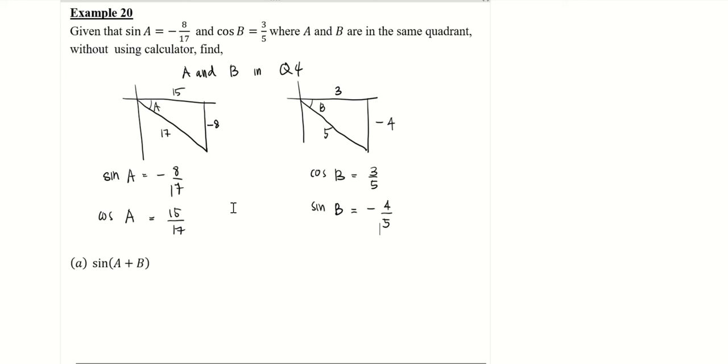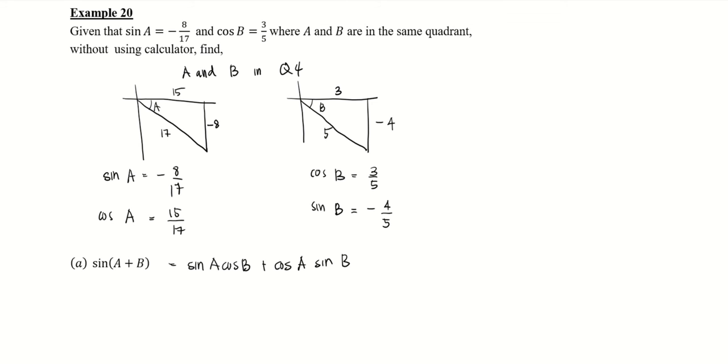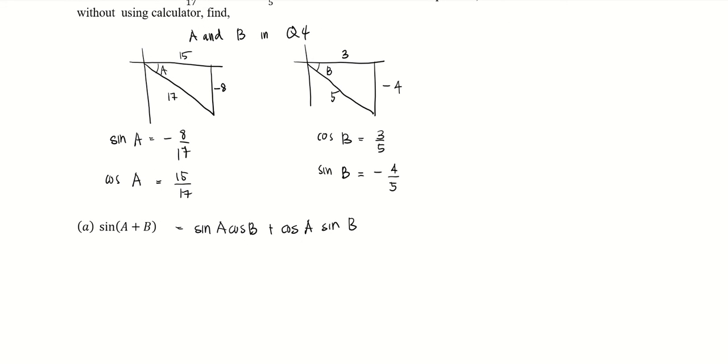So now we can answer the first question, which is sine A plus B. This is a compound angle. Sine A plus B is sine A cos B plus cos A sine B. This is very simple, we just substitute the values.